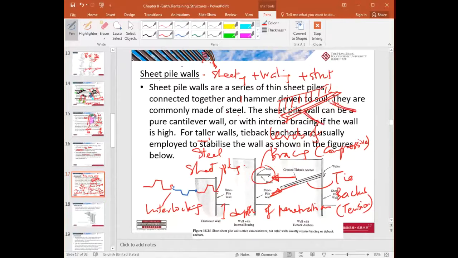So that is the sheeting, and then you have the waling here, and then you have the strut here. So vertical sheeting, horizontal walings, and also horizontal struts.